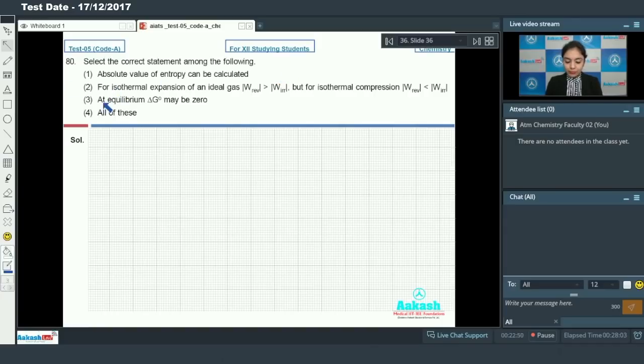And the second statement says that for isothermal expansion of an ideal gas, work done reversible is greater than work done irreversible, but for isothermal compression, work done reversible is less than work done irreversible. First of all, let me draw the graph for work done for reversible and irreversible expansion and compression.